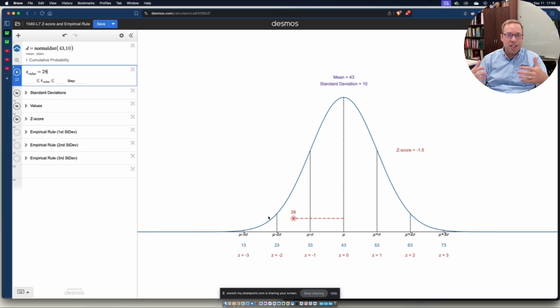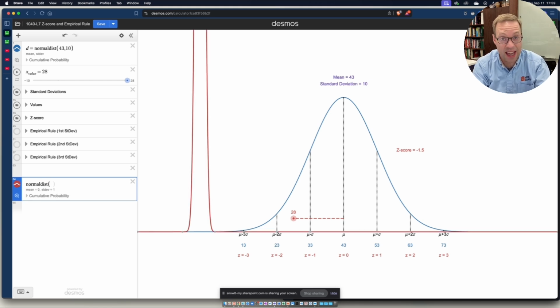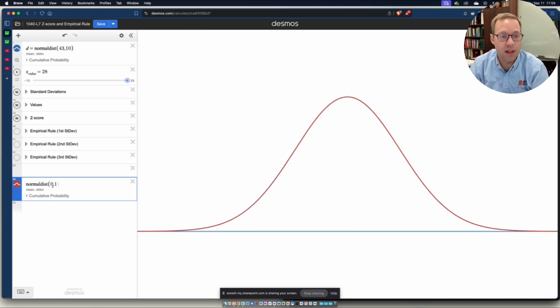So because of that, this helps to standardize the data, helps to standardize the units. So we often call this particular situation where we deal with z-scores a standard normal distribution. And the way you get a standard normal distribution is having a mean of 0 and a standard deviation of 1.